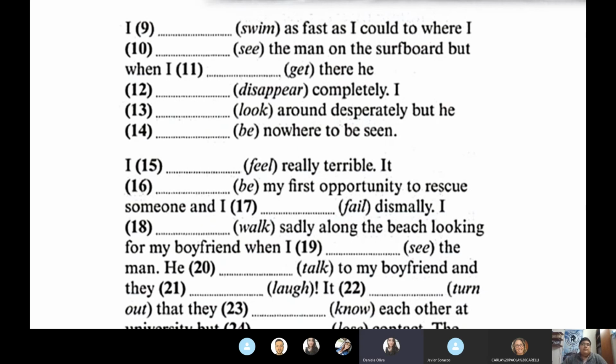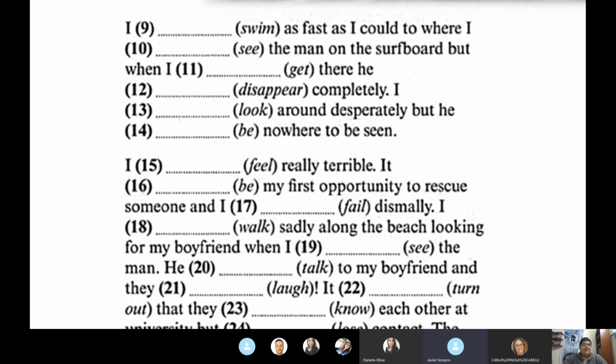I had seen the man on the surfboat. But when I got there, he had disappeared completely.